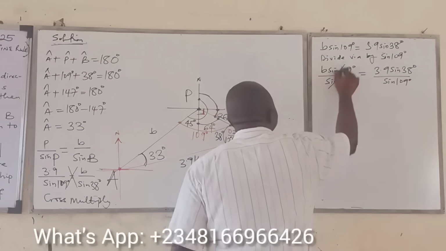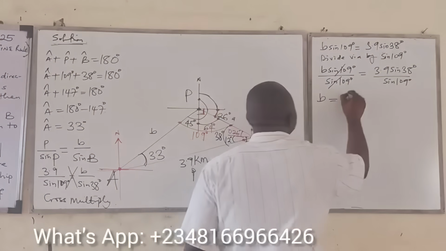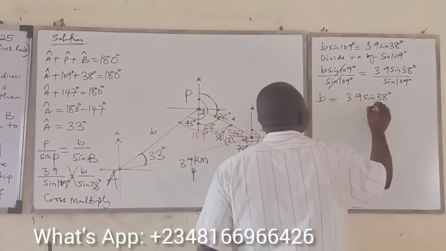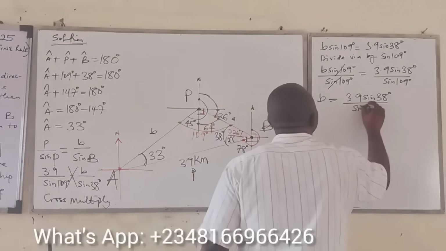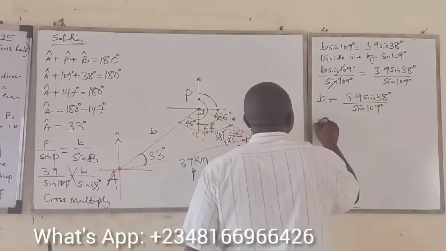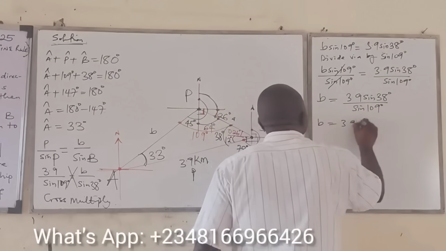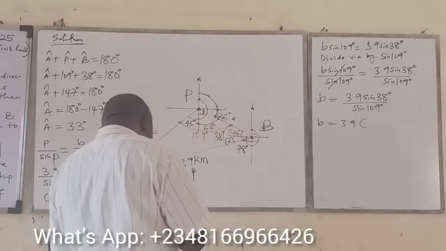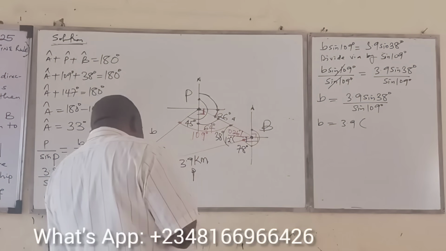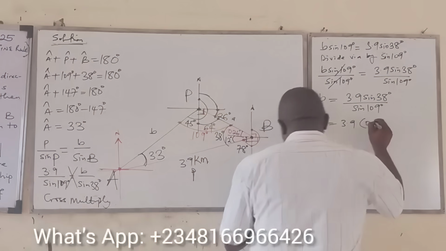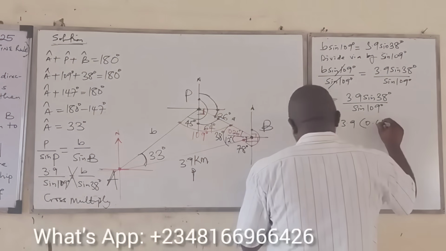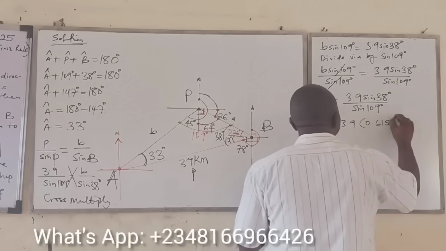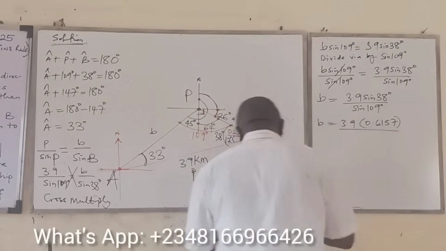So this will go with this, and we have b equal to 3.9 sine 38 degrees over sine 109 degrees. Now let's see the value of sine 38. Sine 38 is 0.6157 approximately.